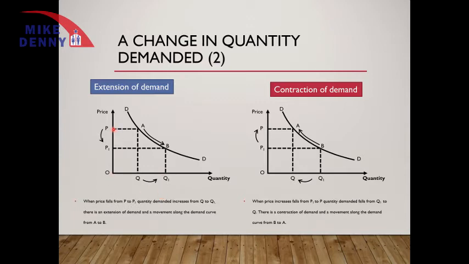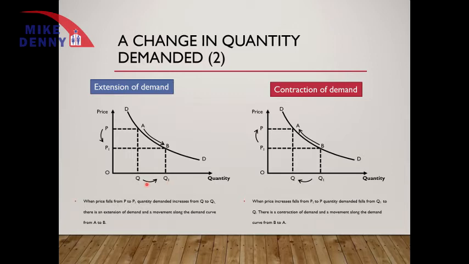Remember that at this price, the quantity bought was Q, and at the price P1, the quantity bought was Q1. So when the price falls from P to P1, the quantity demanded will increase from Q to Q1. That is what we call an increase in quantity demanded.